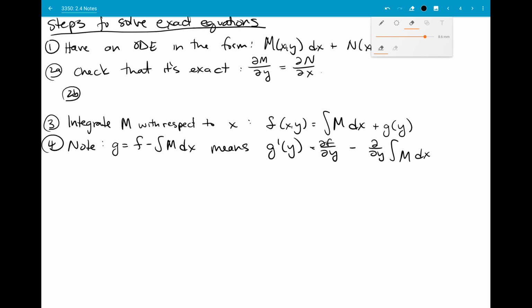And then remember I said that m is like df dx, so n is like df dy, even though we don't really know what f is. So if I want df dy right there, I can just put my n.